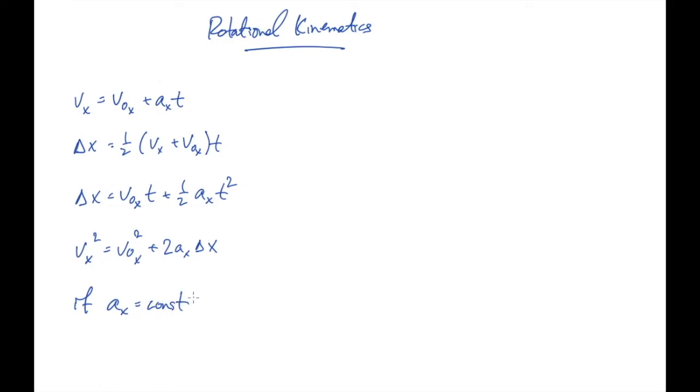So if we have constant acceleration in the x direction, these 4 equations will tell us about the displacement, the velocity, and the acceleration. The way we got these equations, if you remember, is we started with the kinematic definitions, and we performed algebra on them. There was not actually any physics involved. All we did was manipulate those equations under the assumption that the acceleration was constant.